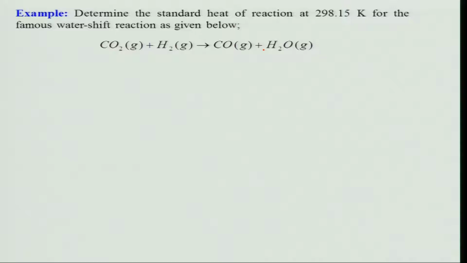Carbon dioxide. Am I right? Nature works in cycles, so whether I can use this as a cycle or not is not the point with this example, because we are interested in determining the standard heat of reaction at 298.15 Kelvin, and this is quite famous. You must be aware of this reaction, the water shift reaction.